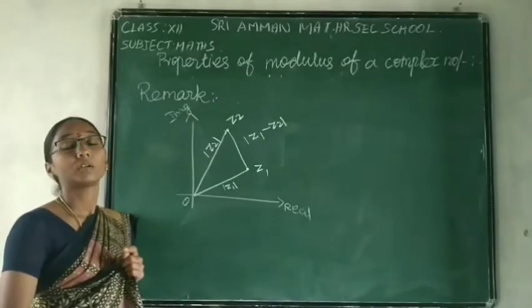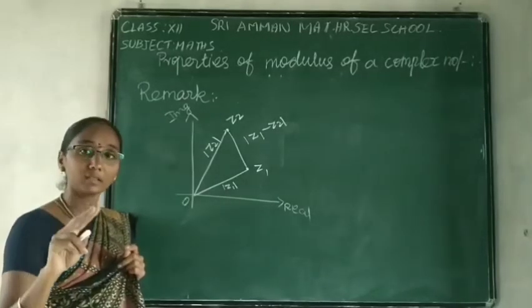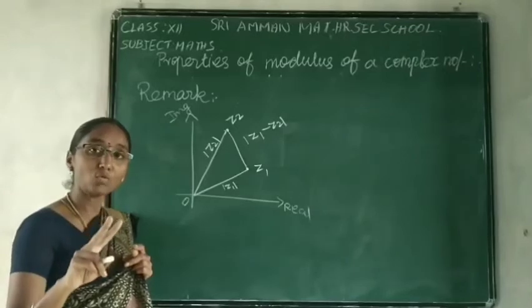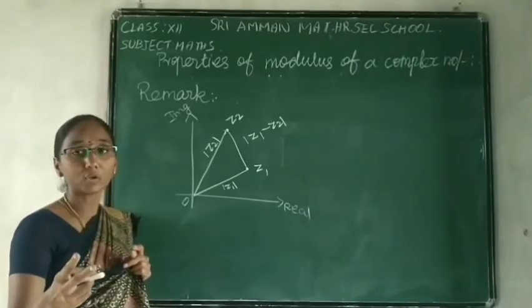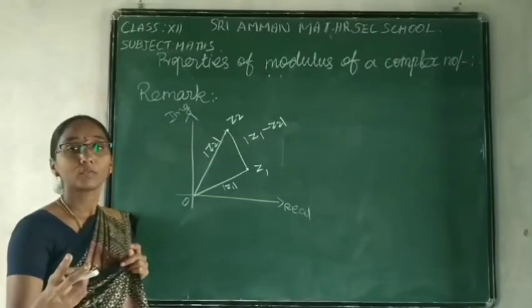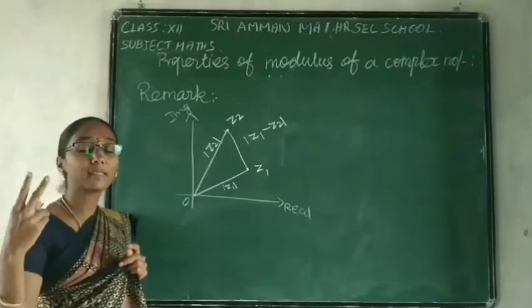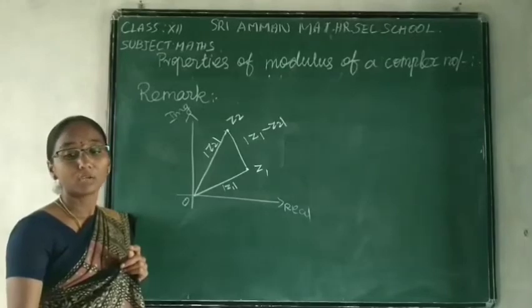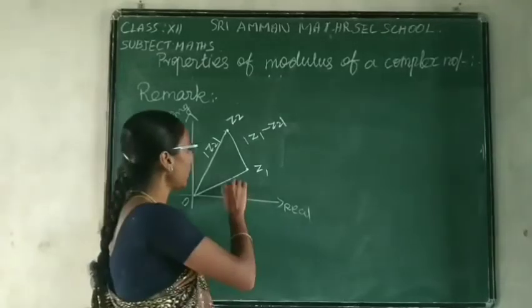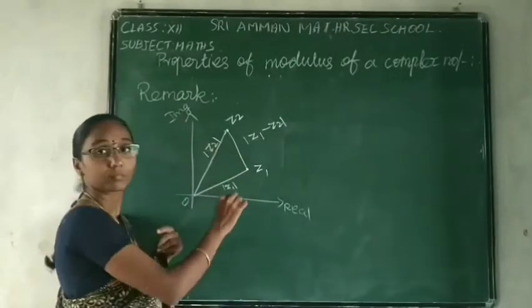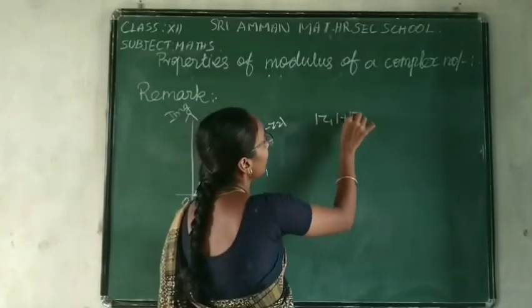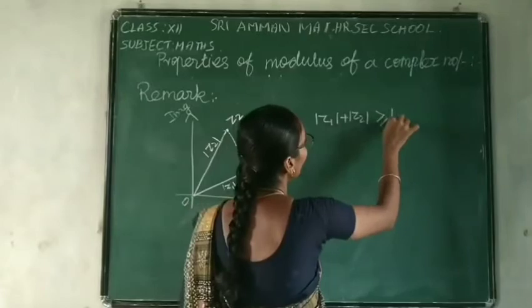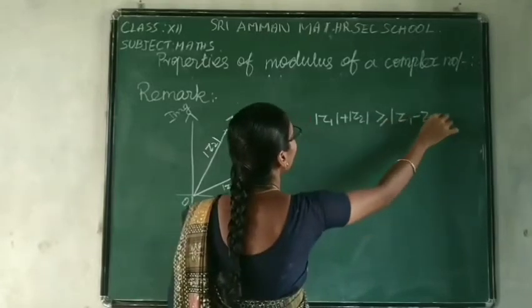Now I consider these two sides: the modulus of Z1 plus the modulus of Z2 is greater than or equal to the modulus of Z1 minus Z2, the third one.